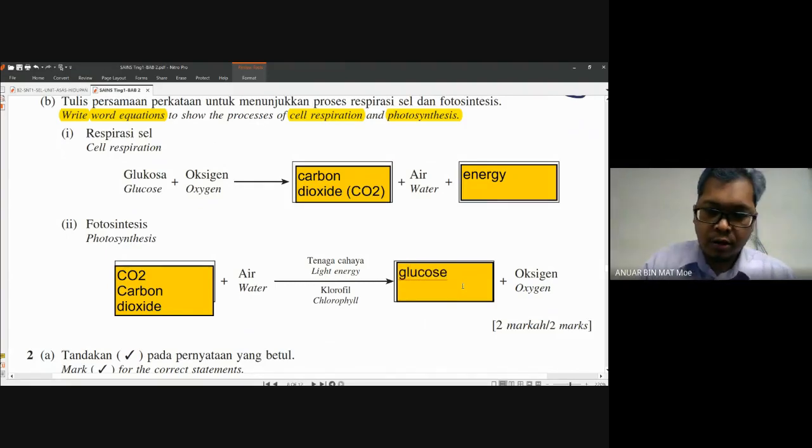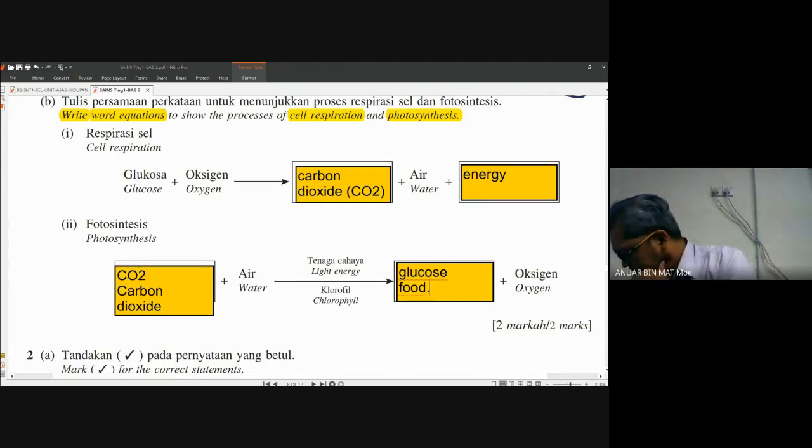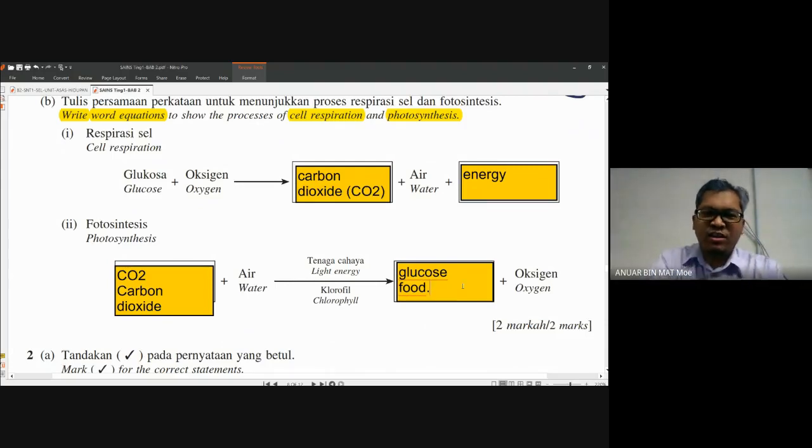Glucose. If you write food, can or cannot? If you write food, can I accept? Food is not accurate, because there are a variety of foods, right?